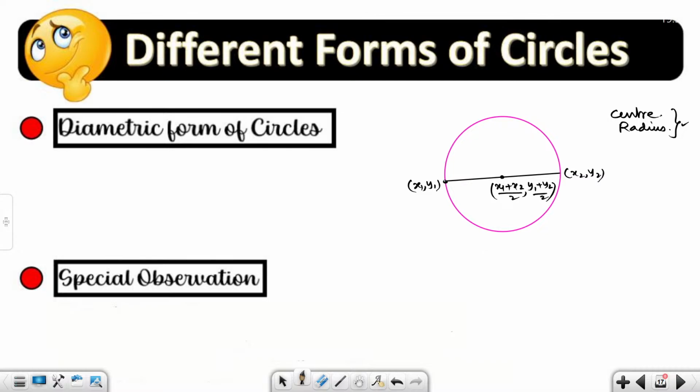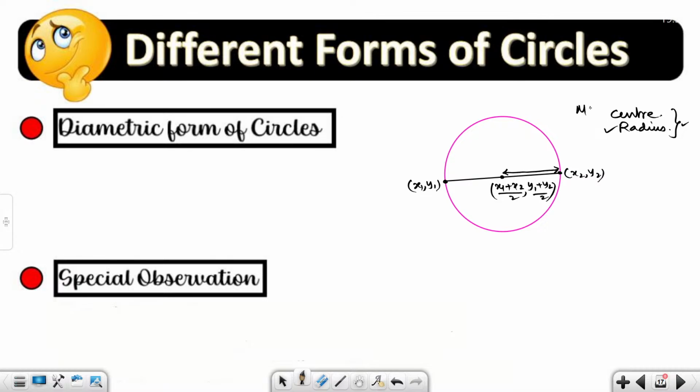Now you know the center. You know the other points on the circle. So you can easily find the distance between these two. So straight away you are going to get the radius. So you know the center, you know the radius, you know the equation. Am I correct? This is one way of doing it.